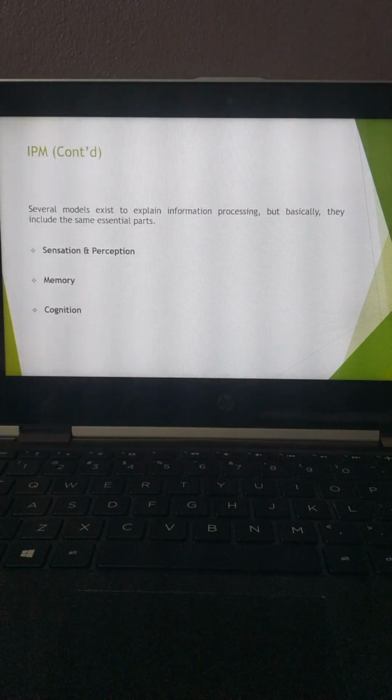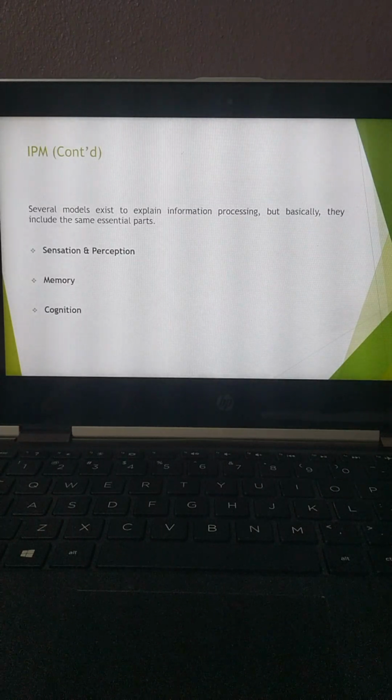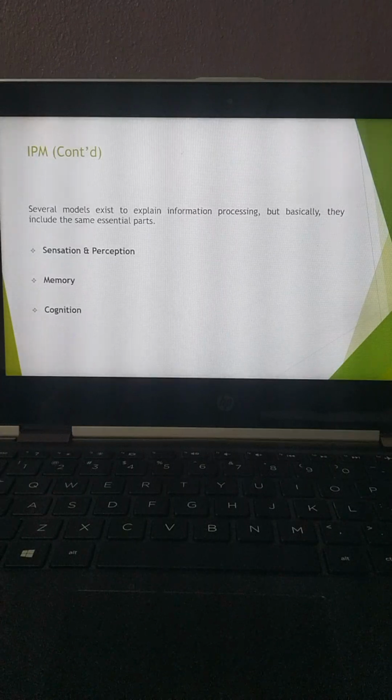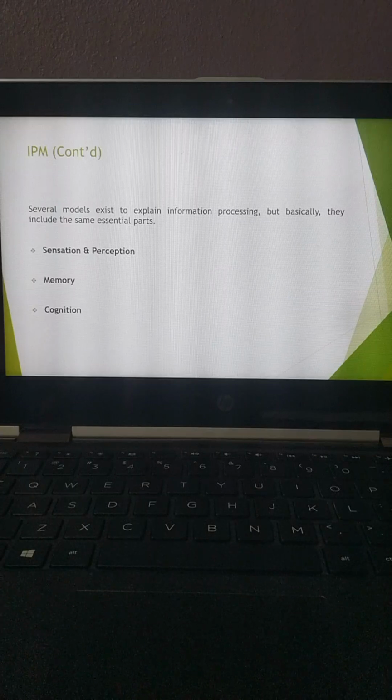Perception, like I said before, is the organization and interpretation of sensation. It is how you perceive the information that you get, how you interpret it and how you are able to organize that particular stimulus. Then the next is memory. Memory has to do with how we encode, store, and retrieve information.